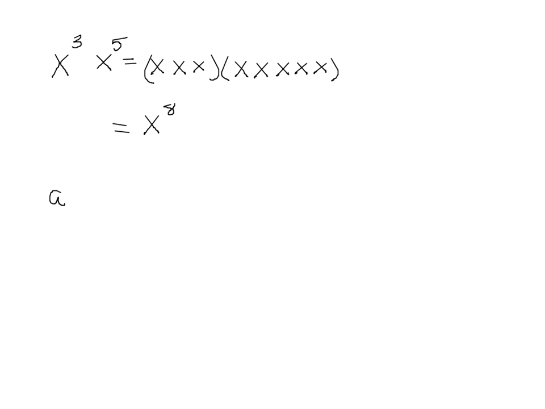So whenever the bases are the same and they are multiplied, then we add their exponents. So that would be a to the n plus m.